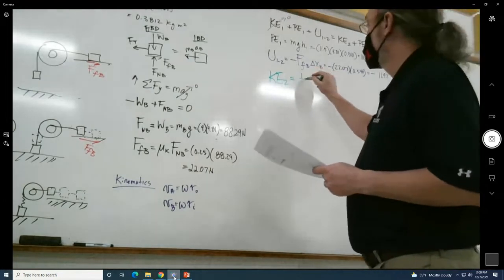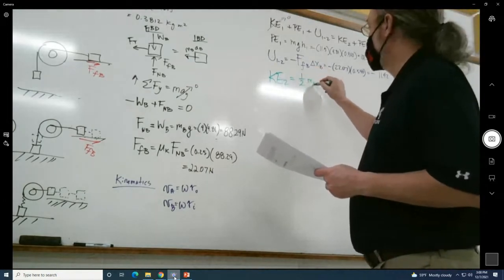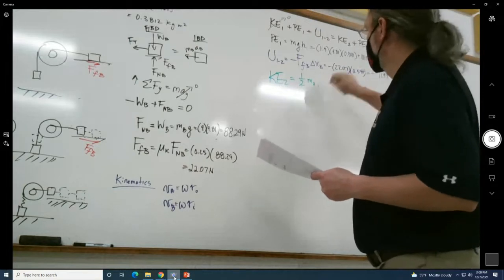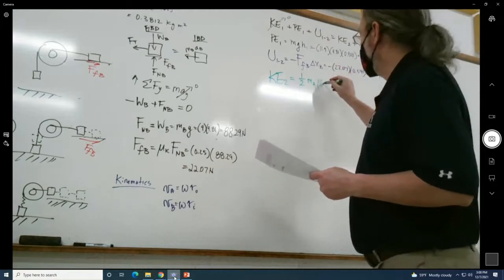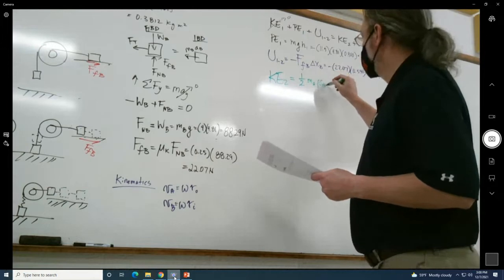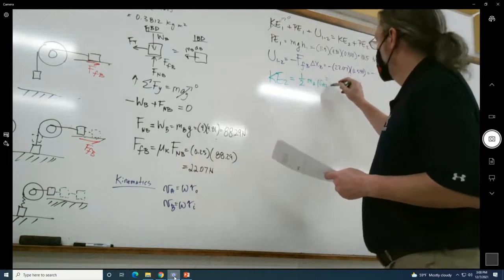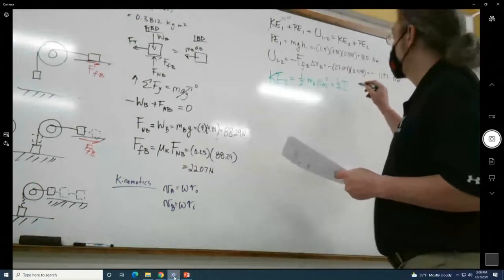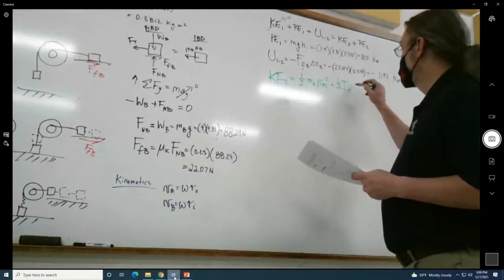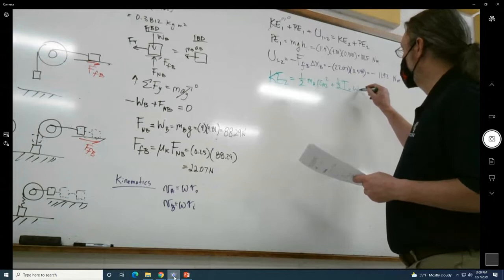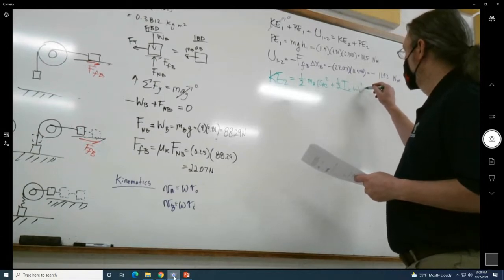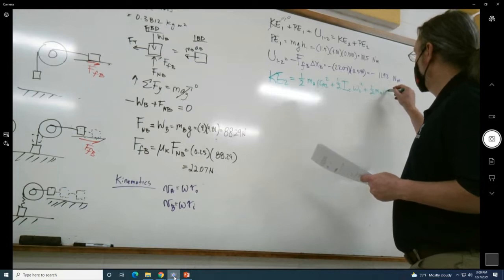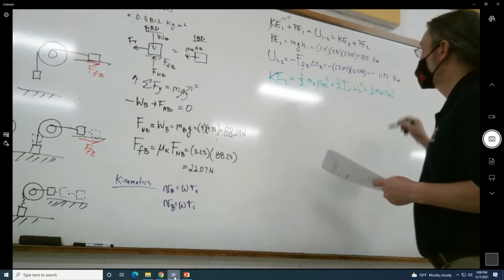So 1/2 mass A VA2 squared plus 1/2 IC times omega 2 squared plus 1/2 MB VB2 squared.